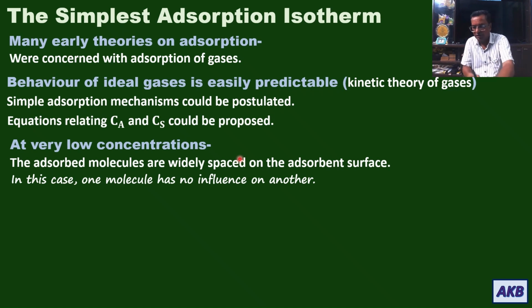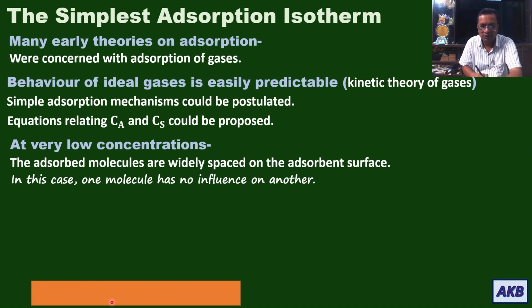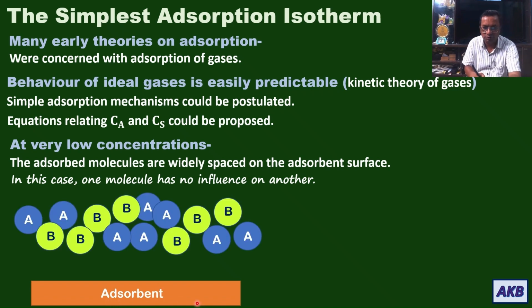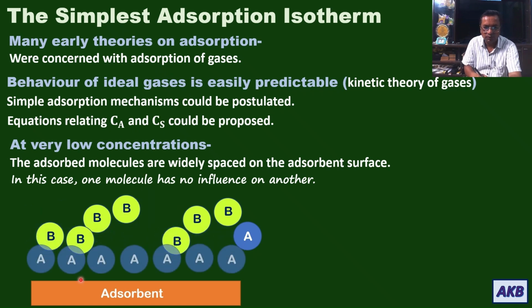I will shortly show you the schematic. So let us say that you have this adsorbent, and this is contacted with a gaseous mixture of gas A and gas B. Now, according to this particular theory, the simplest mechanism, what happens?